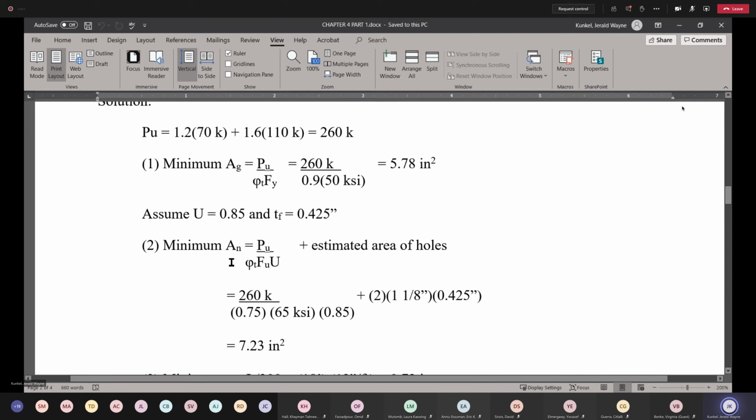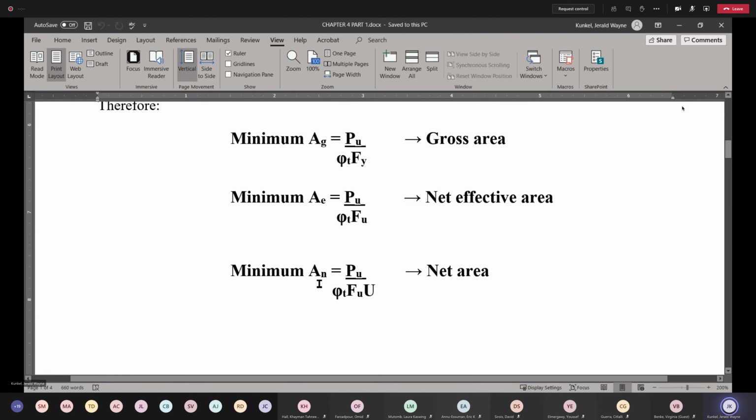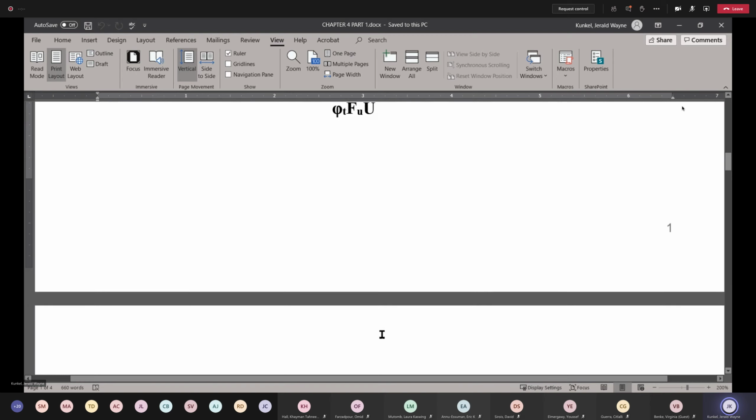Well, the minimum net area, remember, is based on the second equation, the tensile capacity based on the minimum net area right here. So we got Pu divided by phi times Fu times U. The U factor will give us the net area.